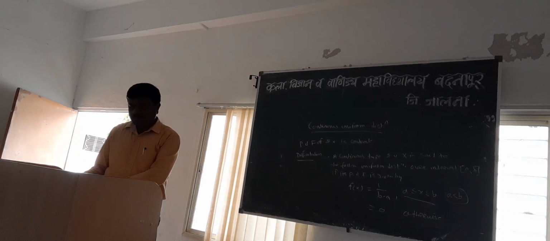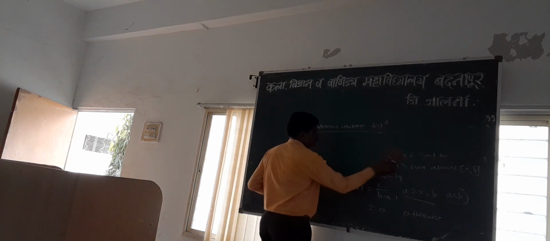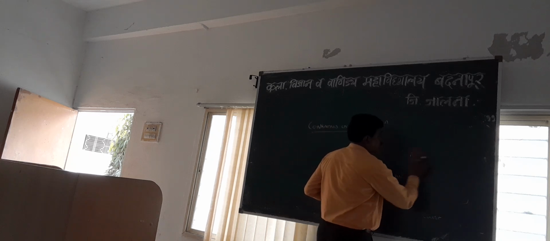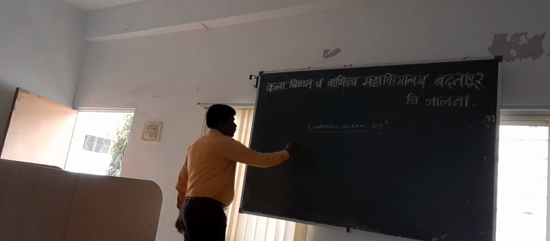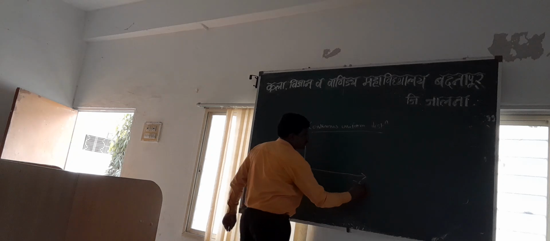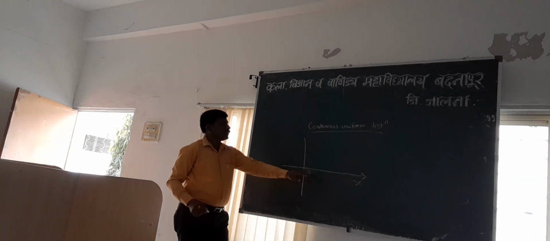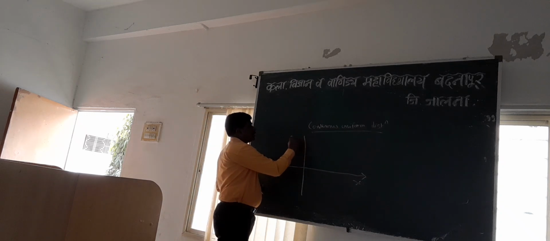And we draw the graph. X is the random variable, and the function of the uniform distribution is f of x.